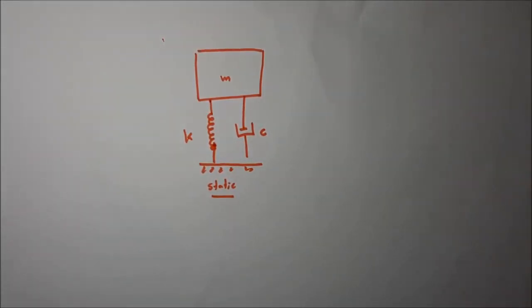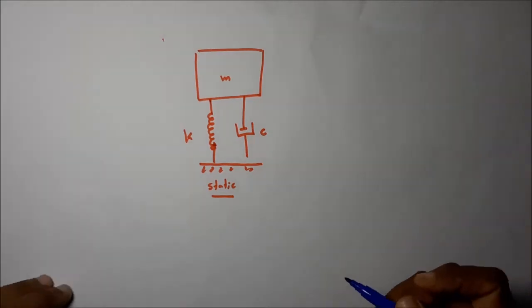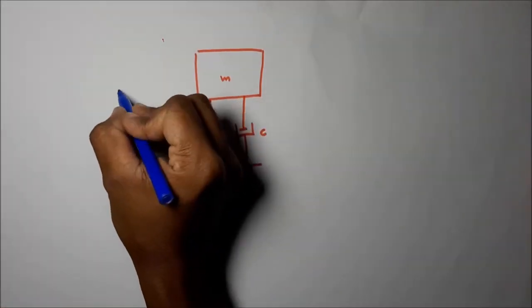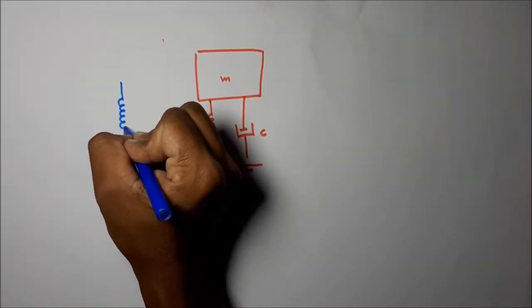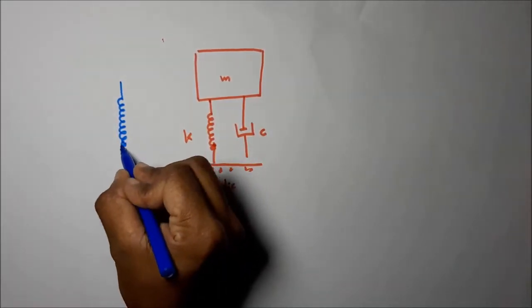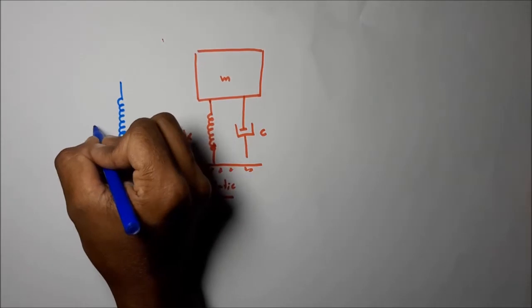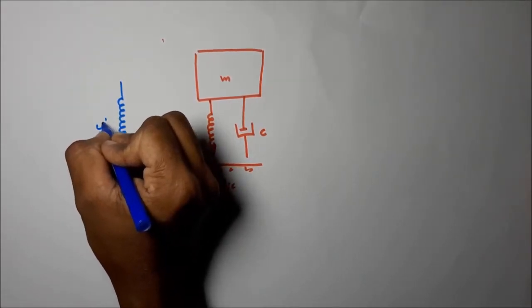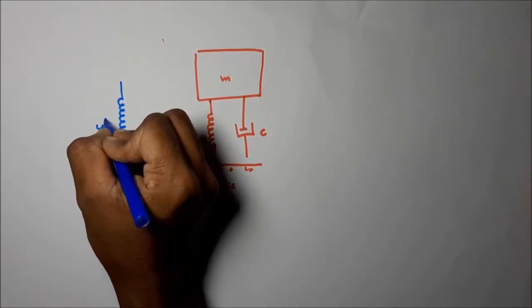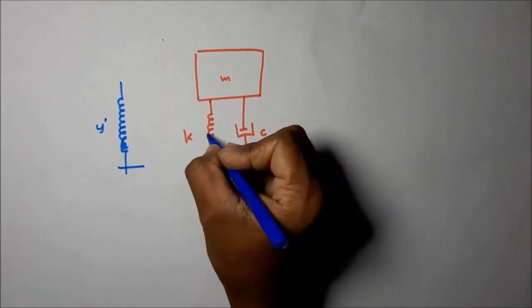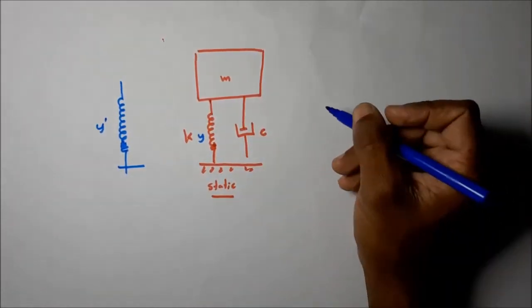Then I will draw the initial length of the spring also. Let's take this as the initial length of the spring before compressing, y dash. Then now it is compressed to y.